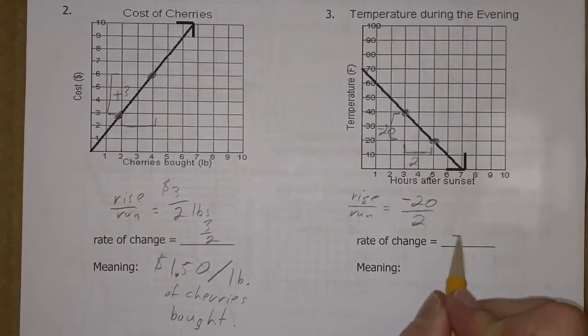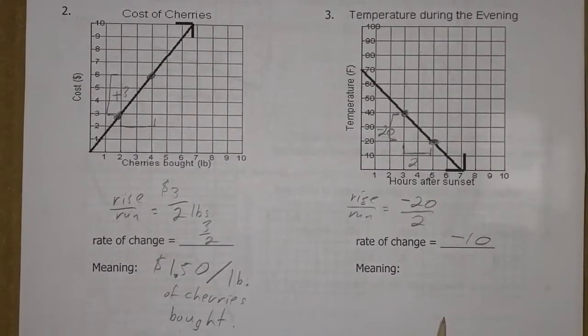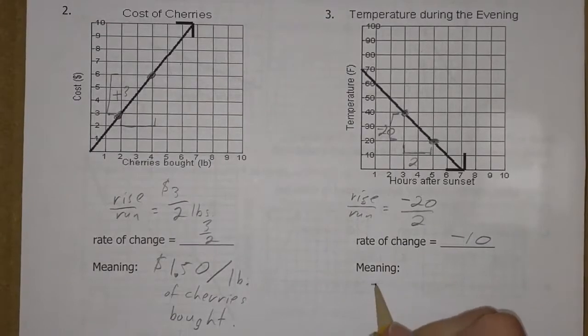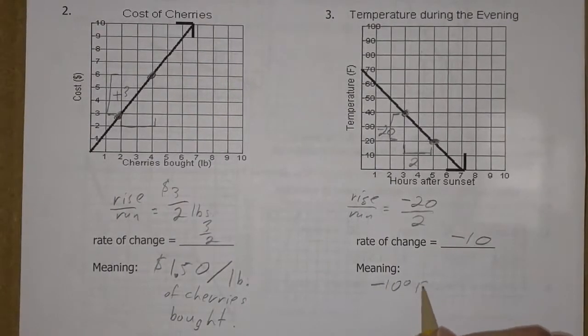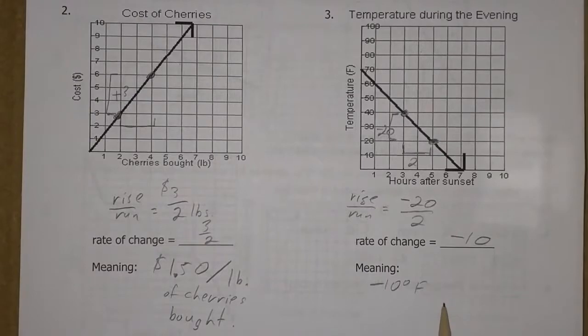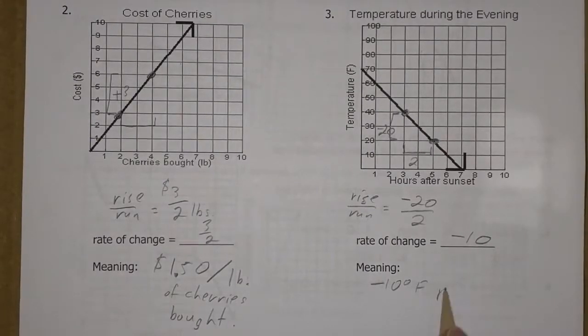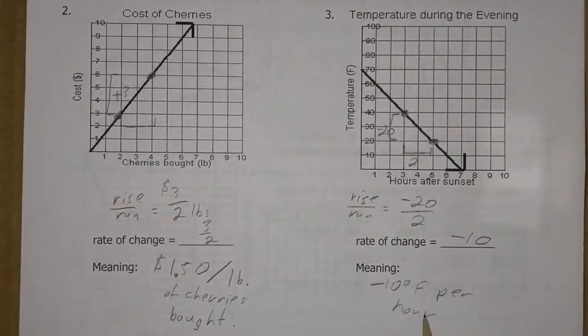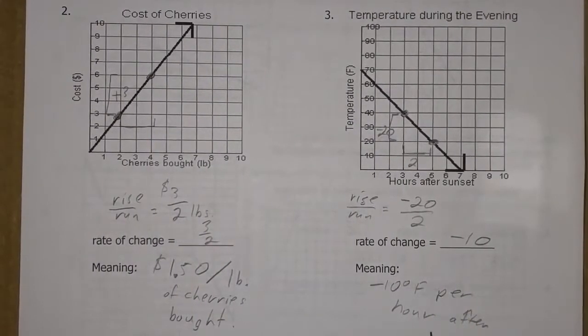The rate of change, if I divide that out, is negative 10. As far as our meaning goes, I'm going to say negative 10 degrees Fahrenheit per hour after sunset.